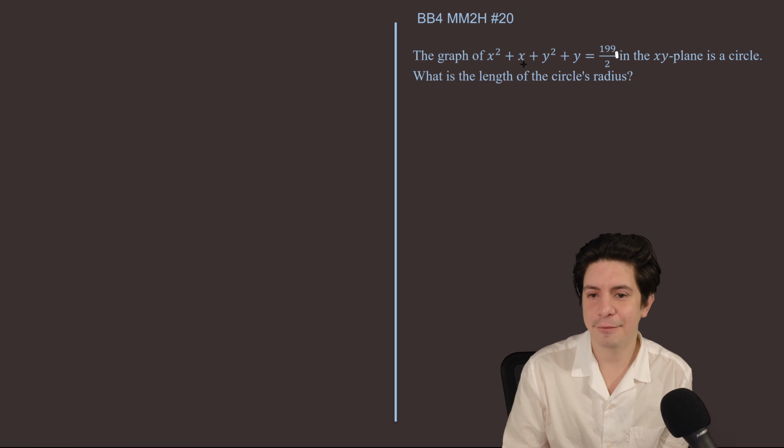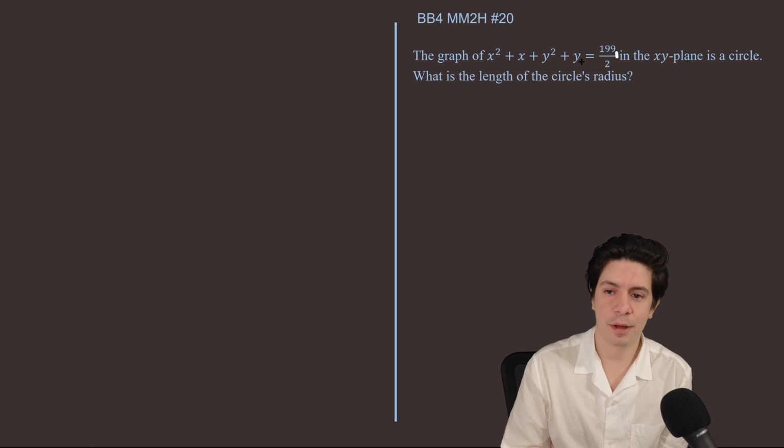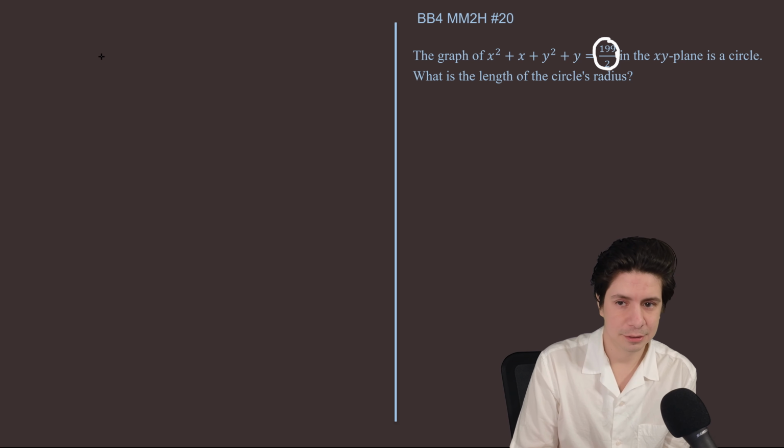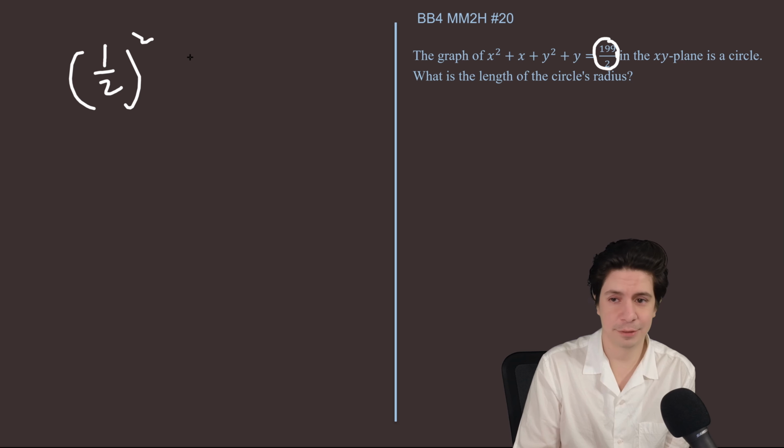So we take half of the x, half of the y, square that value, and add it to both sides. And we only care about adding it to this side because we're only looking for the radius anyway. So half of 1 is 1/2 squared. That's from the x. And then we'll do the same thing for the y because it's also just 1/2 squared.